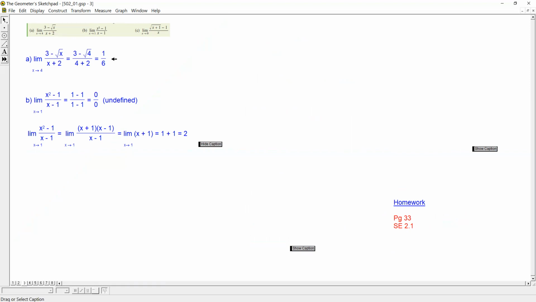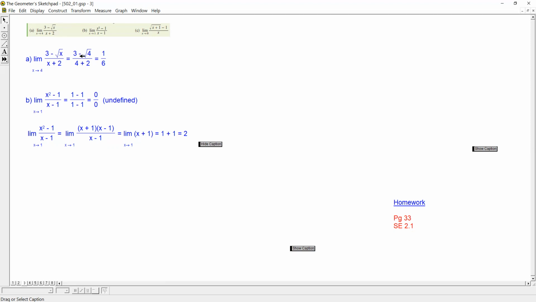Okay, now we look at this example here. Find the limit when x approaches 4. Limit of this function when x approaches 4. So when x approaches 4, it means the x here you substitute with 4. The x here you substitute with 4. See whether you can get 0 or infinity or not, right?